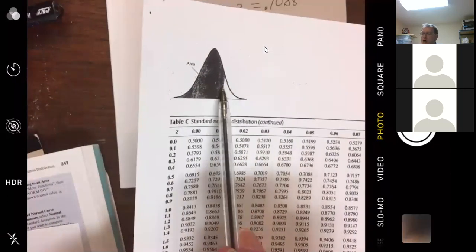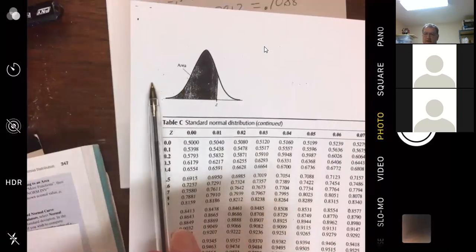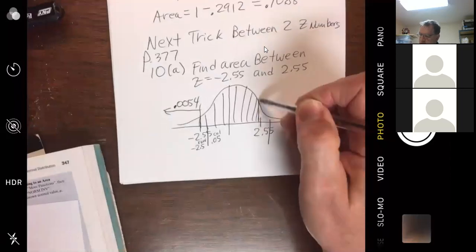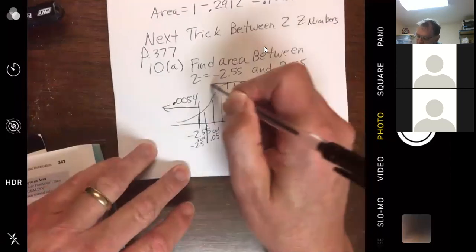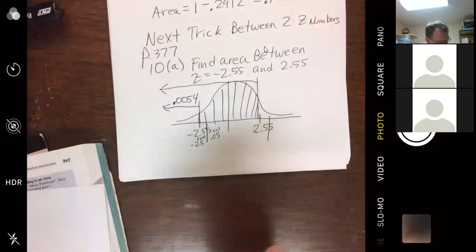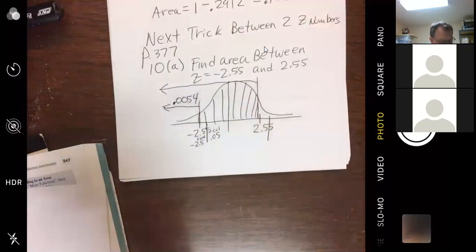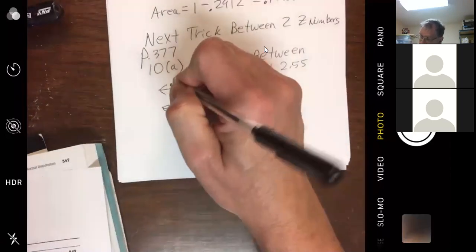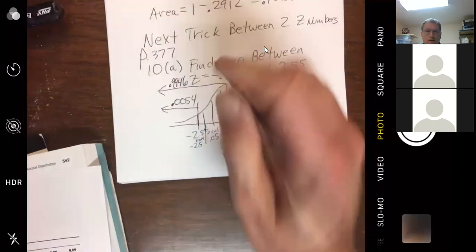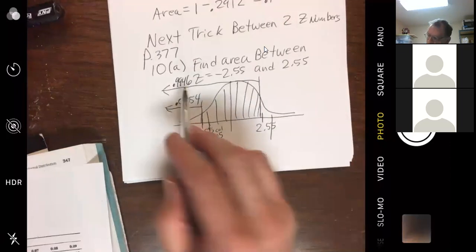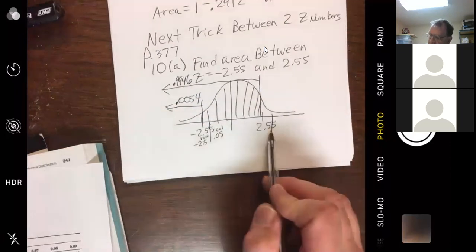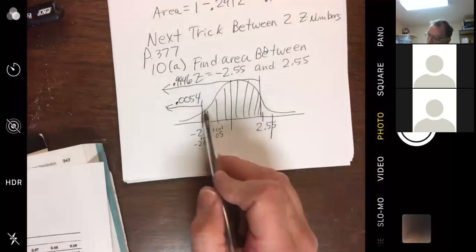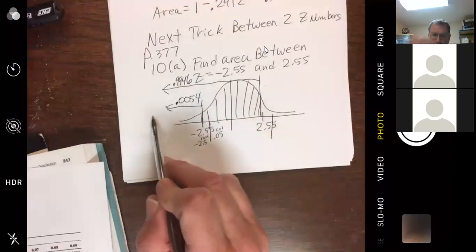And remember, that's the area of this black all the way to the left. So I'm going to put that on. What was that number? 9946, right? So 99% of my numbers are all the way left of this, and 0.5% of the numbers are all the way left of this.